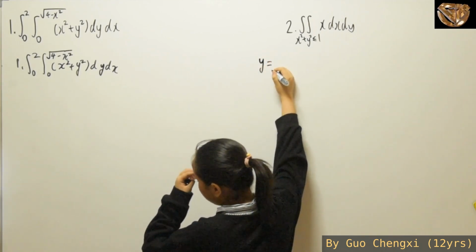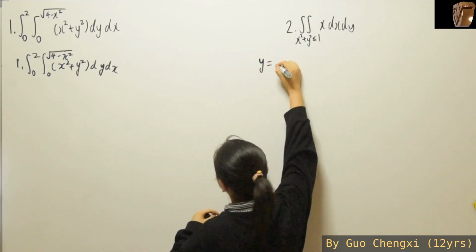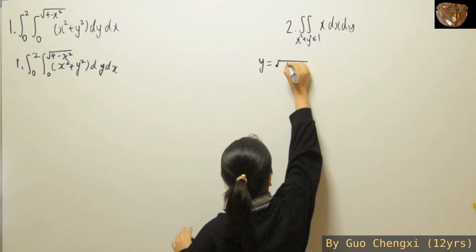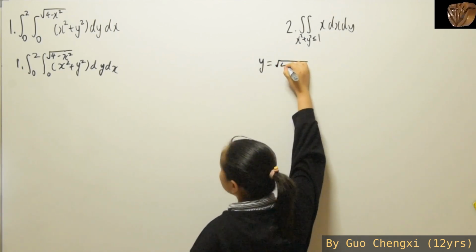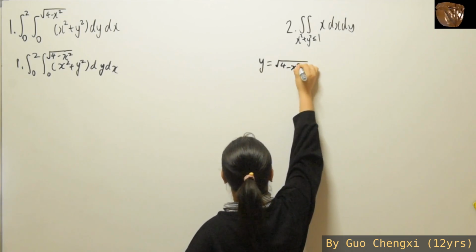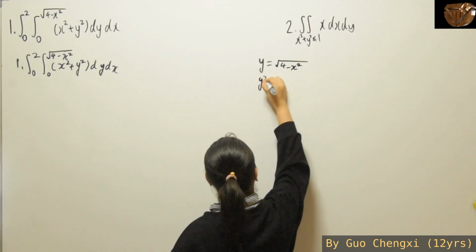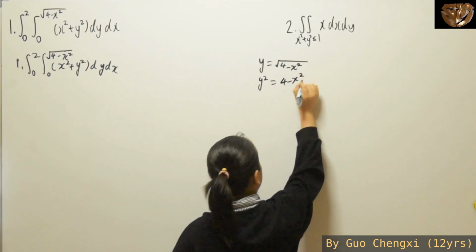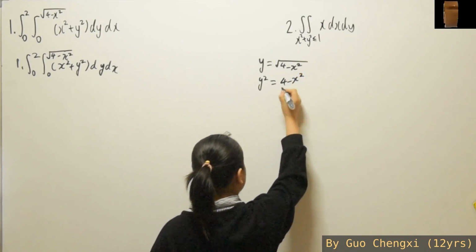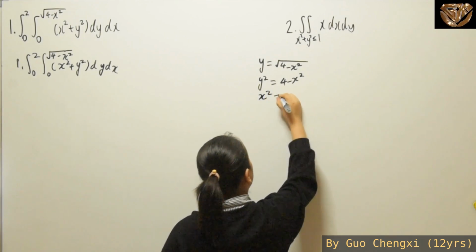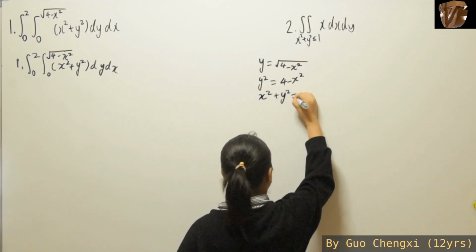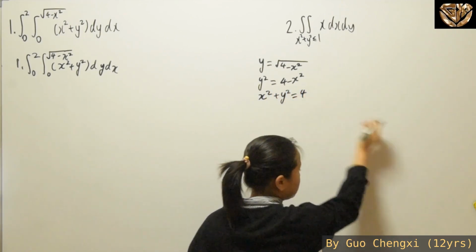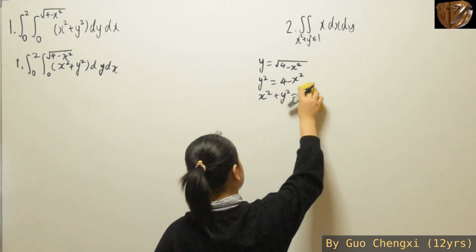Apparently, y is smaller than or equal to the square root of 4 minus x squared, down to 0. So y is equal to the square root of 4 minus x squared, so y squared will be equal to 4 minus x squared, and thus x squared plus y squared is equal to 4, which is 2 squared.